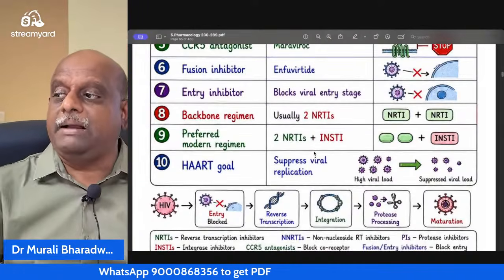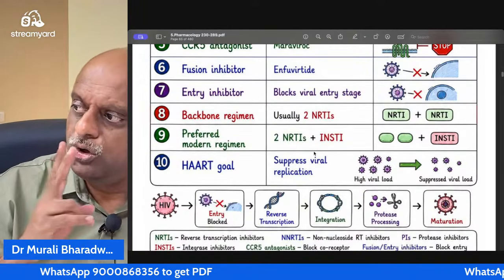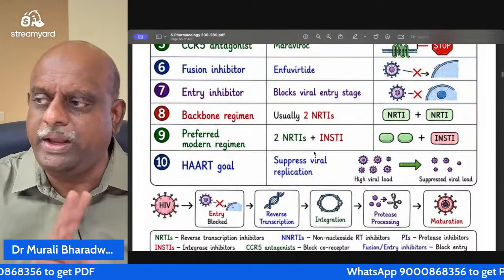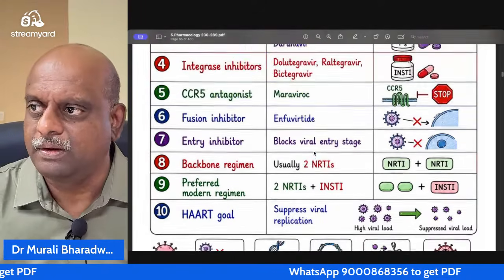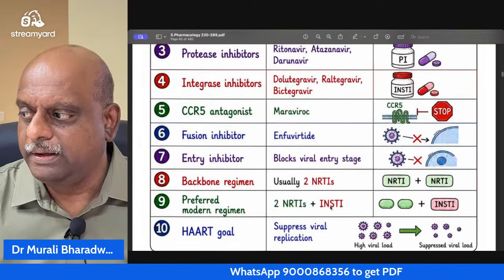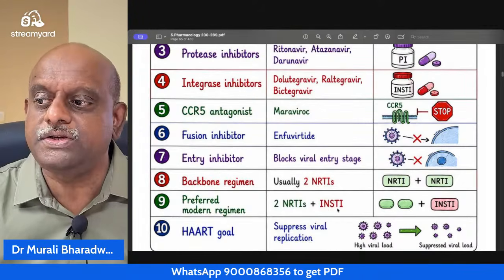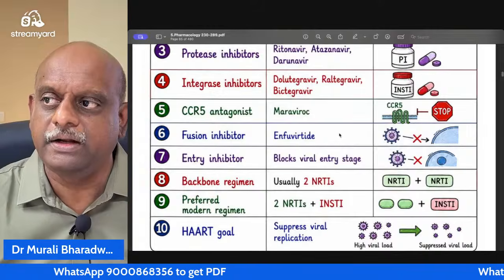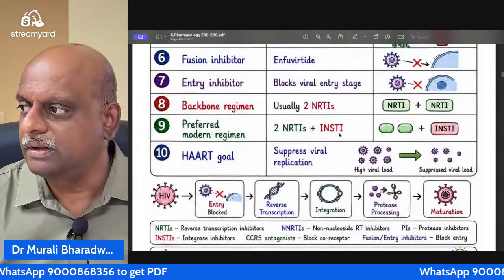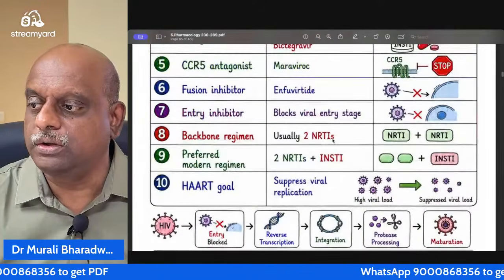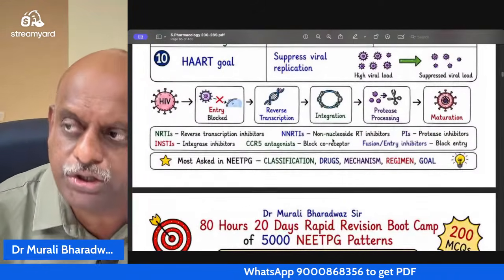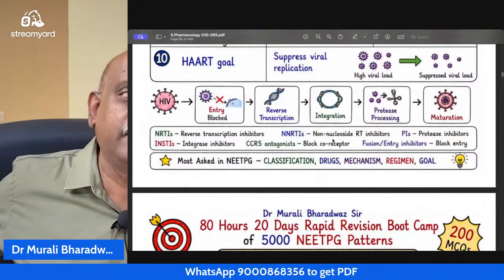And what is the backbone regimen? 2 NRTIs. Preferred modern regimen, 2 NRTIs plus INSTI. What is INSTI? Integrase inhibitor. So these are the important things. So you should know what is the flow.